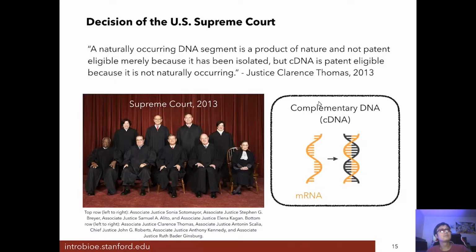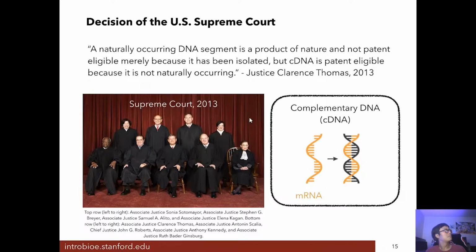So while this did throw Myriad Genetics' business model into a bit of turmoil and make it really difficult for the company to continue to develop new genetic tests and profit from them, it didn't completely scare off innovation in biotech or in diagnostics altogether, as people worked to figure out how to avoid running afoul of the Supreme Court and work with cDNA in order to get patentable genetic material.